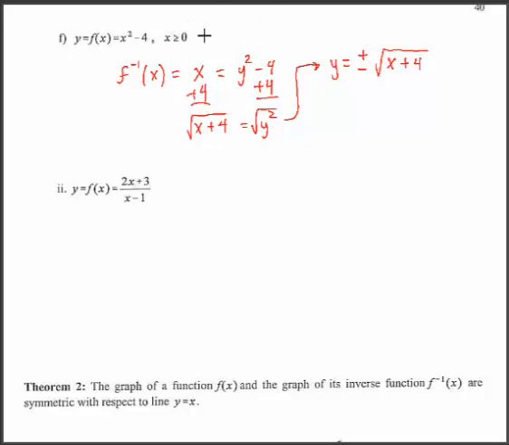But now what I want to do, because obviously this is not a function, I have to consider my domain. And as I stated previously with arrow diagrams, when we find the converse or the inverse, the domain of the original function becomes the range of the converse.